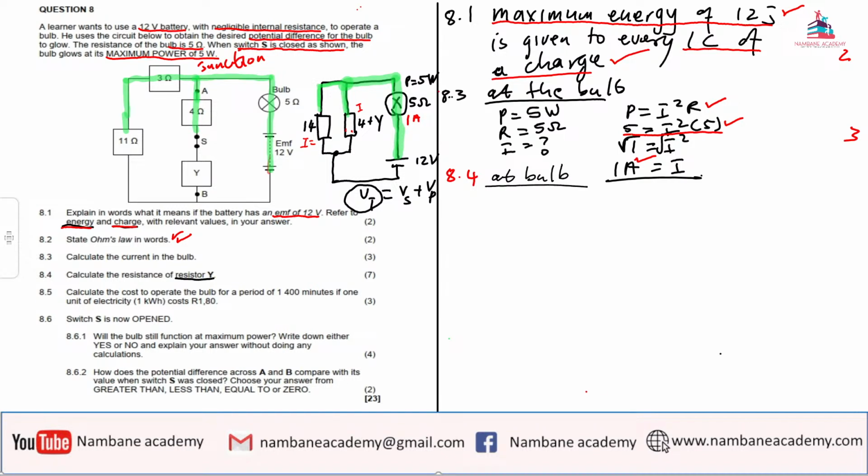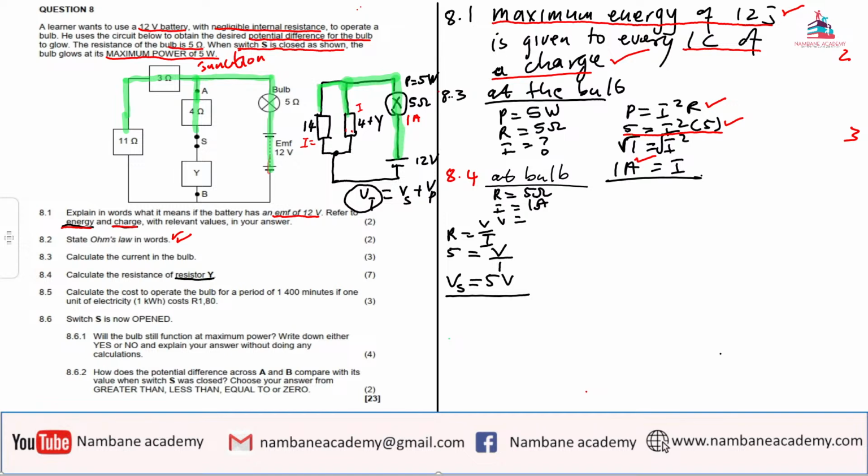What is it that I have? I have R, which is 5 ohm. I have I, which is 1 ampere. Can I get V? Yes, I can use Ohm's law to calculate that. This is 5, I want V, I know this is 1. So V of series is actually 5 volts. That is very, very important.